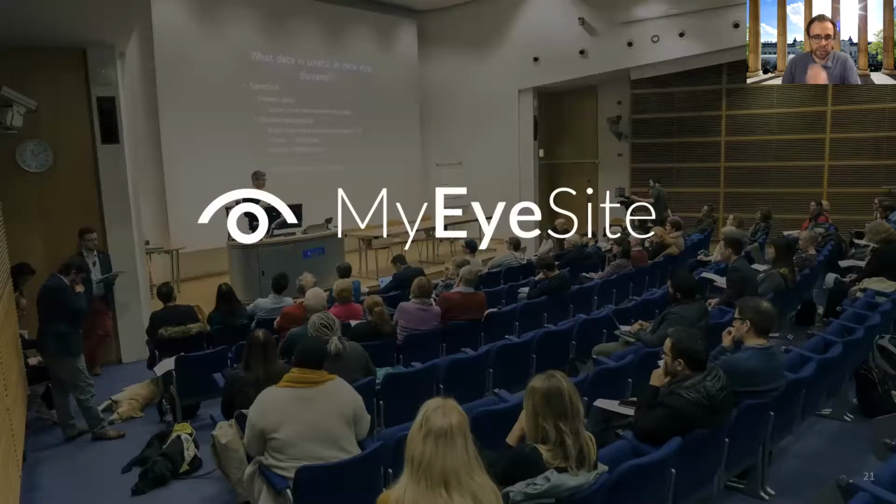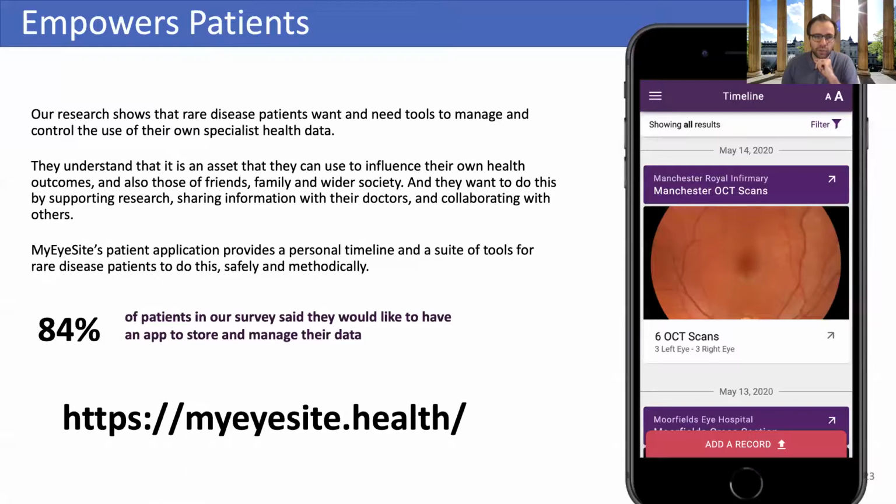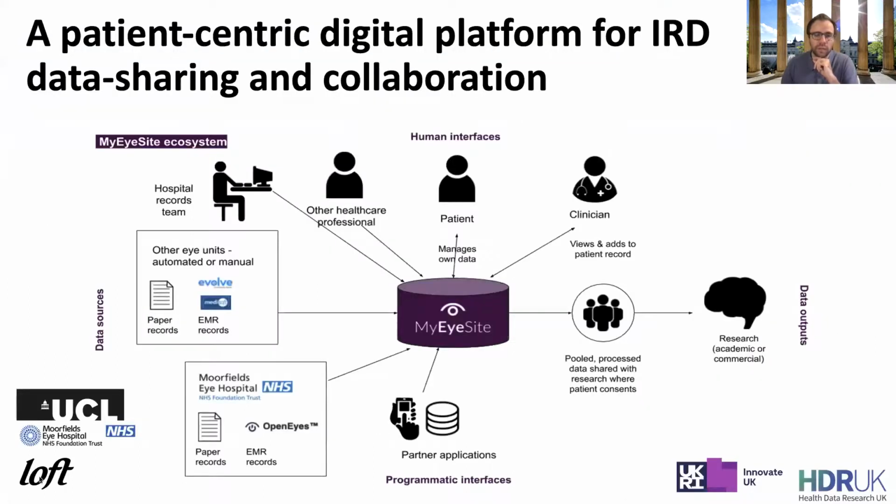MyEyesight is basically an app that we've developed in collaboration with a commercial partner known as Loft Digital. Loft Digital and us have been funded by Health Data Research UK and UKRI, UK Research and Innovation.